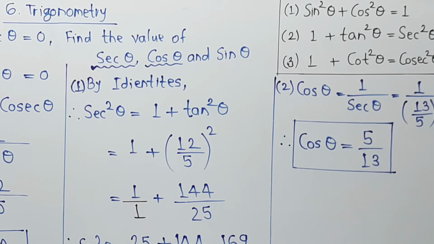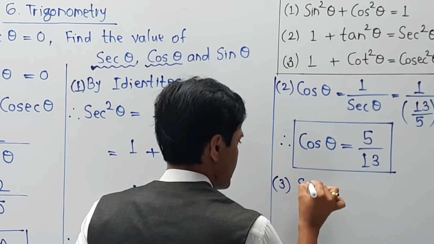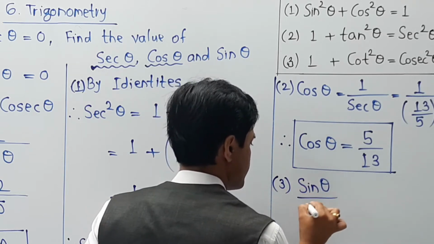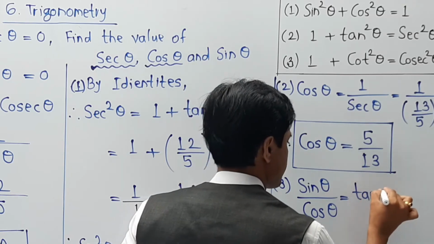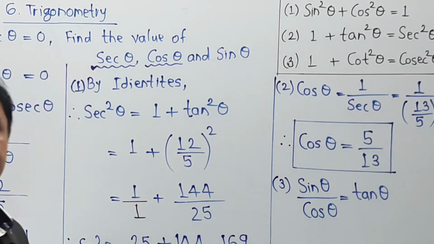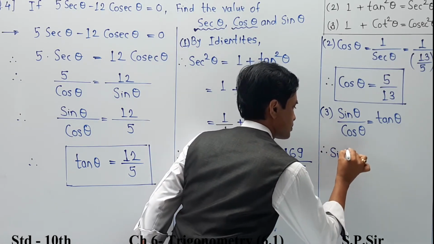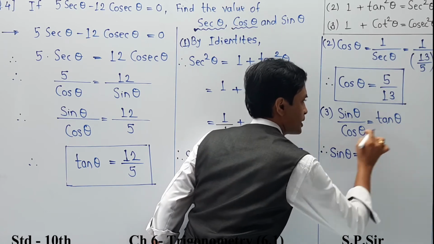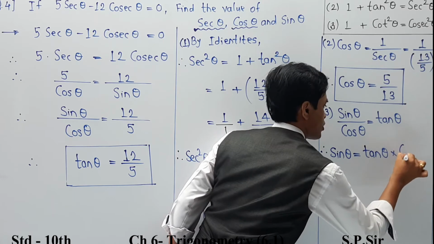sin theta upon cos theta is equal to tan theta. So I am going to write that part: sin theta upon cos theta is equal to tan theta. Naturally your value of sin theta is equal to tan theta into cos theta.